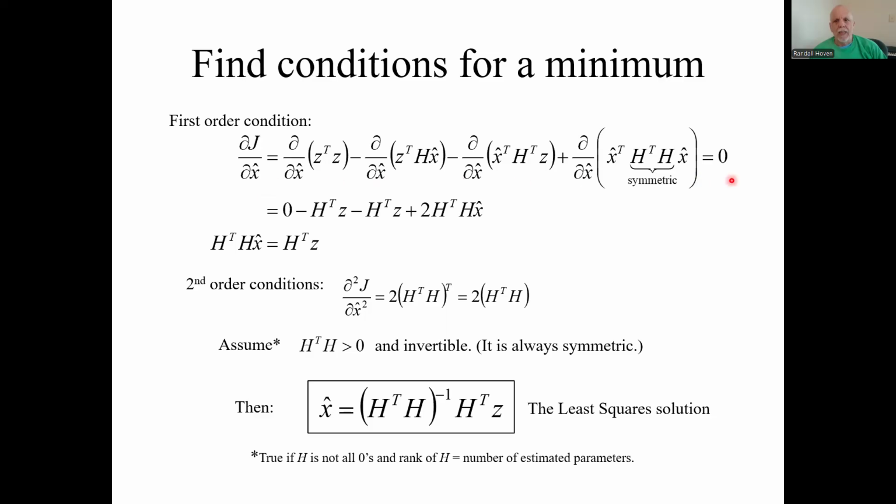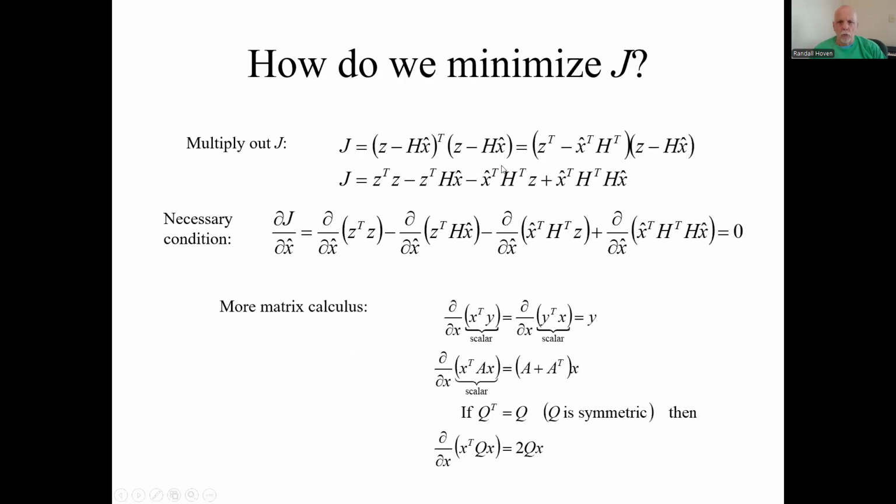Take my word for it, it's a very simple proof that this H transpose H is going to be a symmetric matrix. So that's going to act like that Q in that formula. This Z doesn't have any X hat in it, and we're taking the partial with respect to X hat, so that's 0. This term has an X hat in it, and this one has an X hat in it. Go back to that formula.